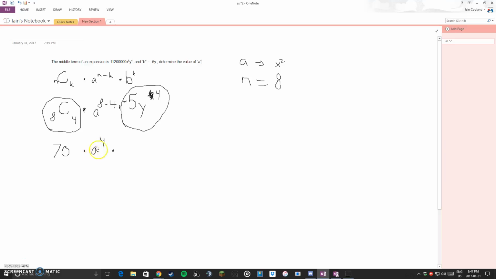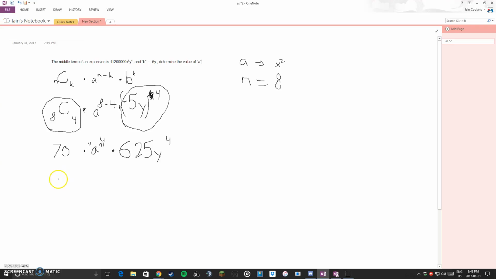Now remember, this a isn't a variable, this is talking about the a term, which is what we're looking for. And then negative 5y, should be brackets around it, to the 4 is equal to 625y to the 4. Now make sure to note that there's no negative value, since it is an even numbered degree.